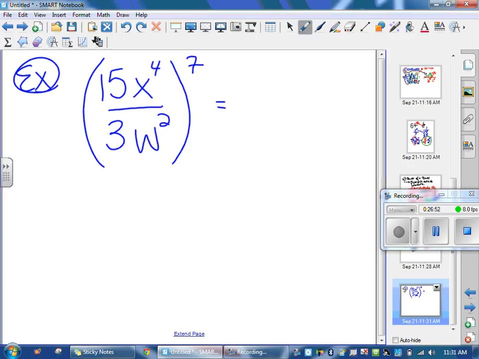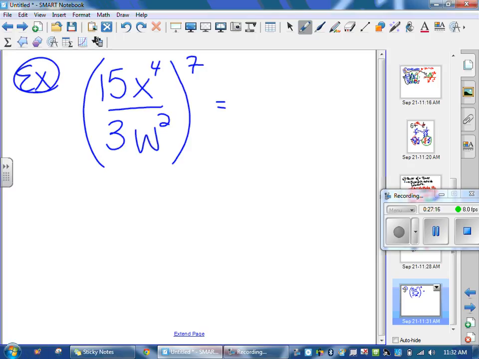This one's a little tricky. Now, what are you going to do with this question? What do you notice about it? What makes it a bit tricky? Because you can divide 15 by 3, can't you? You can divide those coefficients. And you should divide the coefficients. Okay? So if you can solve something in the brackets first with BEDMAS, you're going to solve this in the brackets.